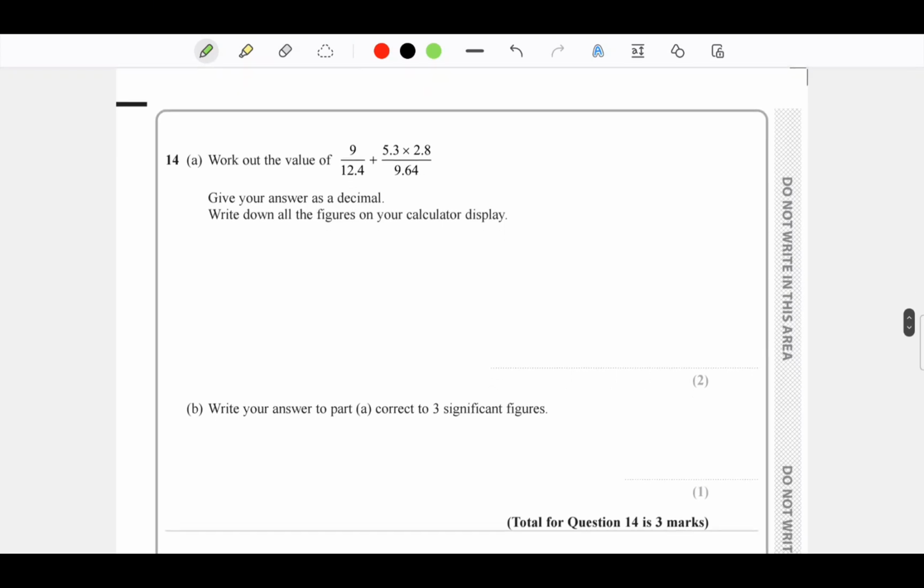Okay, question number 14. Work out the value of this and give your answer as a decimal. Write down all the figures on your calculator display. So basically you're going to do the whole thing on your calculator. Let me just make it a little bit easier. Let me just write down the things that you are supposed to type onto your calculator.